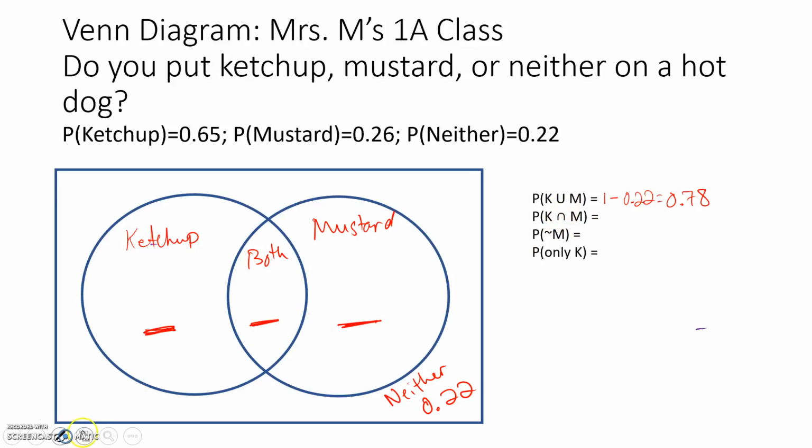So now what we want to do is find the next probability, which is that they like ketchup and mustard. This is the both. This is the overlap.